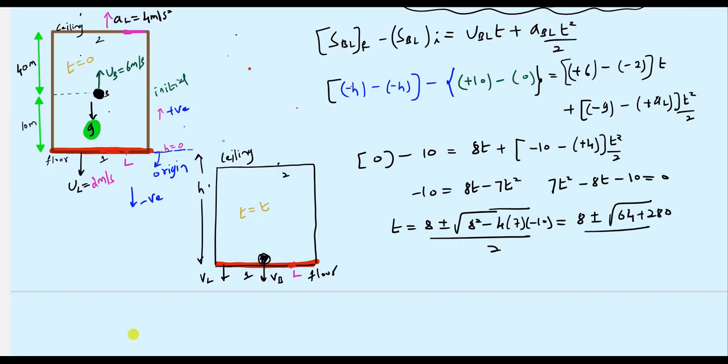64 plus 280 by 2 7 14. 280 plus 64, 344. 18.54.